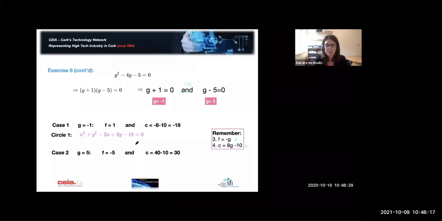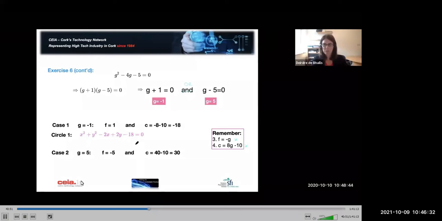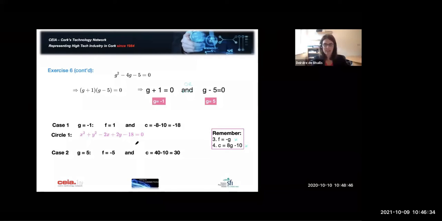I'll give you a few moments to generate the equation for circle 2 by inserting g, f, and c into the general equation for a circle. I don't have a poll for this, Eamon, but it's just a bit of time for people to catch their breath, as the calculations are already written on the screen.